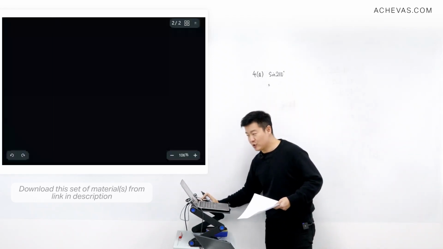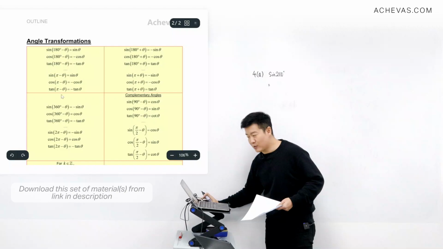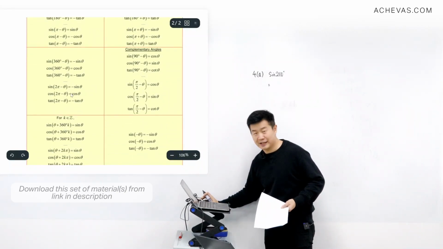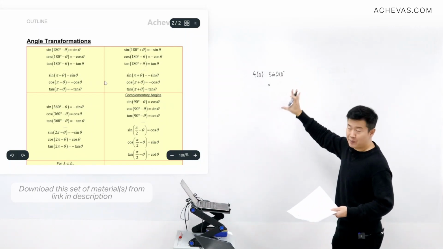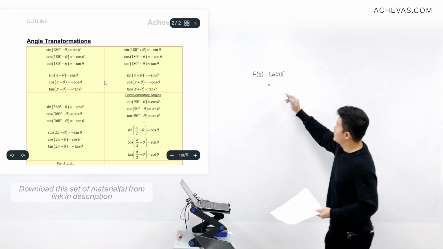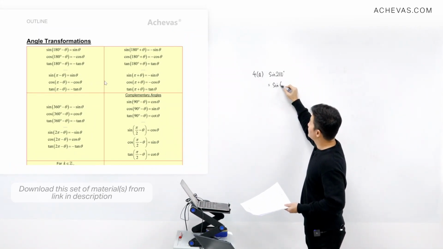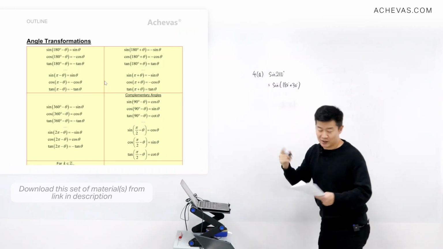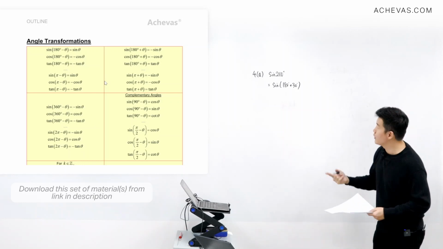The transformation will take into account 180 degrees, 360 degrees, 90 degrees. If that forms my inspiration, then I'm going to try to rewrite this as 180 degrees plus 30 degrees.